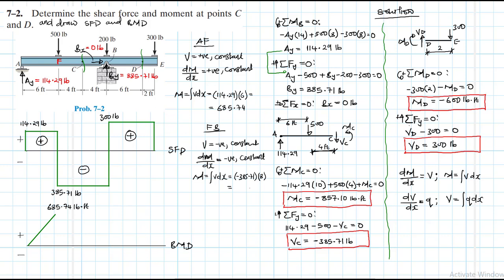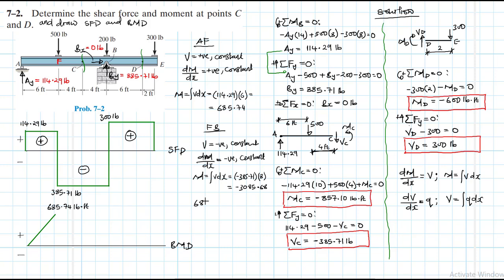What does this give us? It gives us a minus 3085.68. Great.